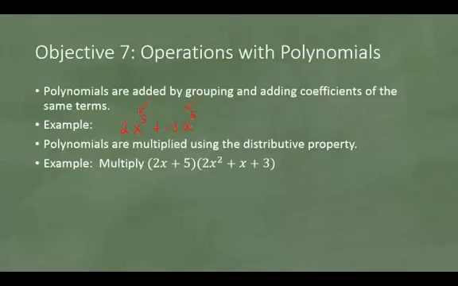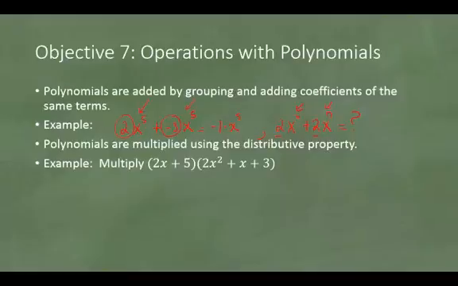You can combine this by just adding the coefficients, 2 and negative 3, which is negative 1, times x to the 5th. However, we can't combine, for example, 2x to the 6th plus 2x to the 7th because the powers are not the same. Even though the coefficients are the same, the powers aren't, so we can't combine them. We just leave it as it is.